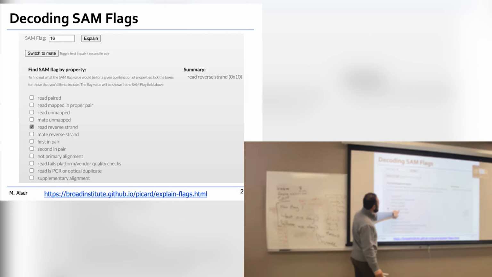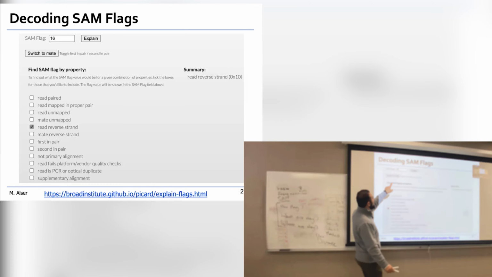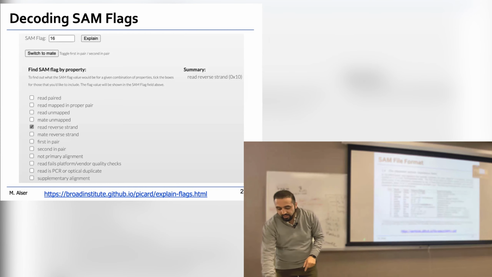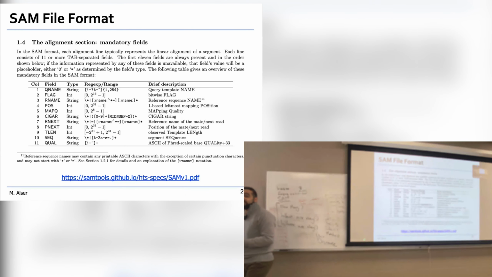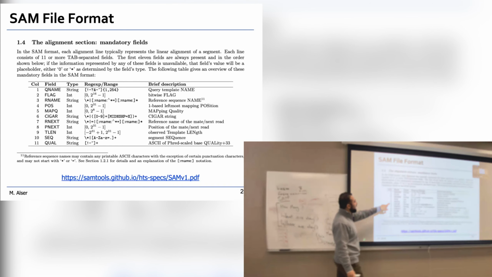For example, this means the read is in the reverse complement strand. That's based on the flag. So even myself, I don't remember what those flags mean. I just go to that website, paste the integer value, and you'll get the meaning of those flags.